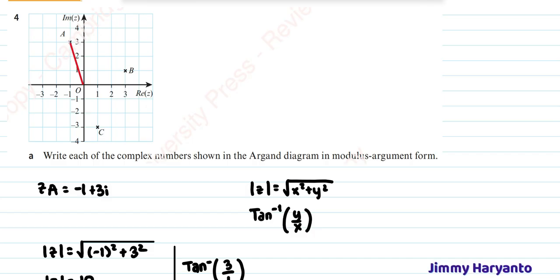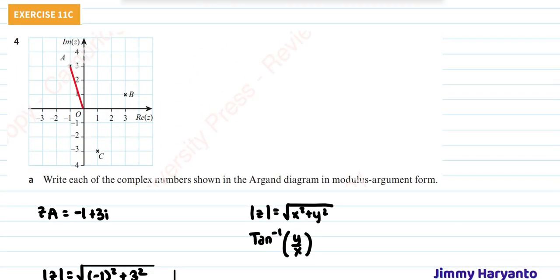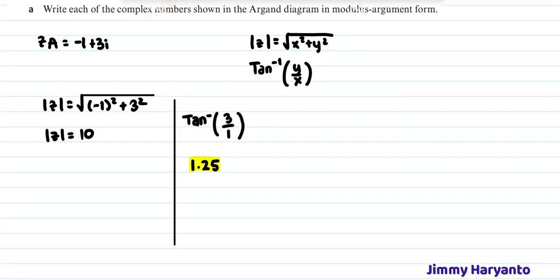That means the one that we already got is this one, 1.25, but the argument is this one. So it's pi minus 1.25. That means the argument of A equals pi minus 1.25, which is 1.89. Okay, that's it.